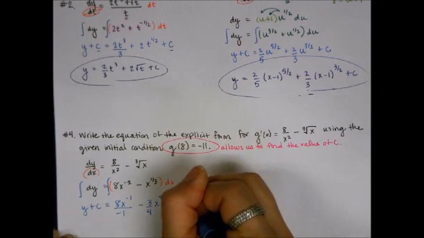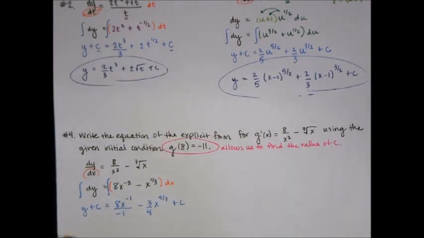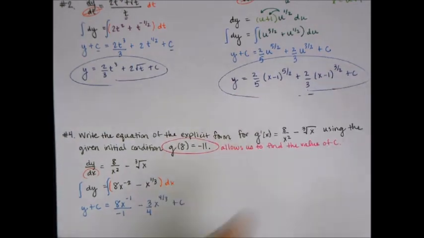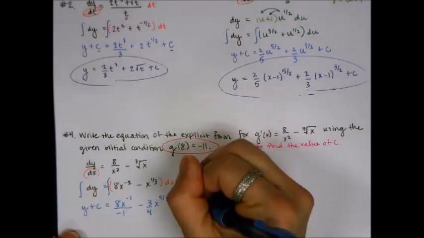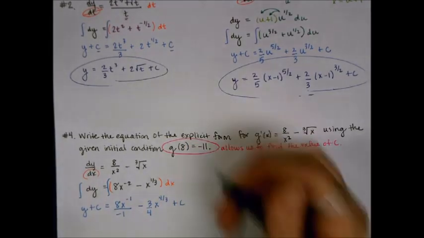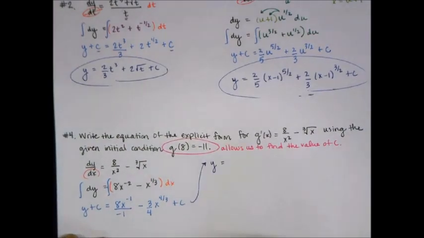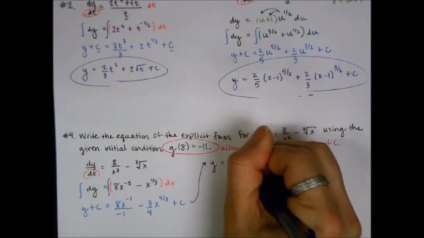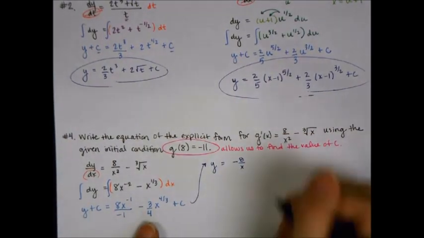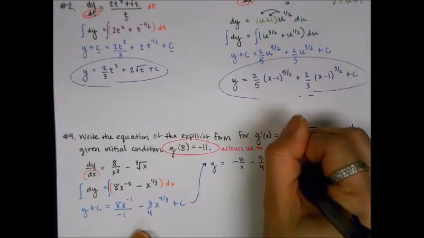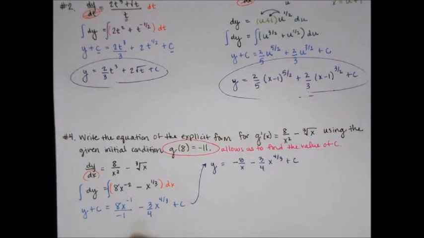You want to keep going and simplify down to one constant before you plug in your coordinate pair. So I'm going to take this up to the side here. We get y is equal to, this is now -8 over x minus 3/4 x to the power 4/3, and then finally plus c. This is what our final answer will mostly look like, except we want to know the value of c.